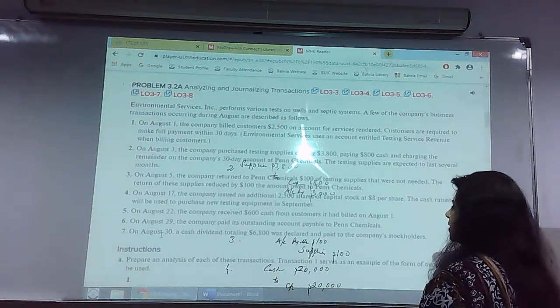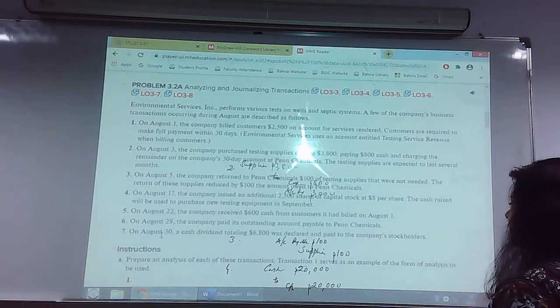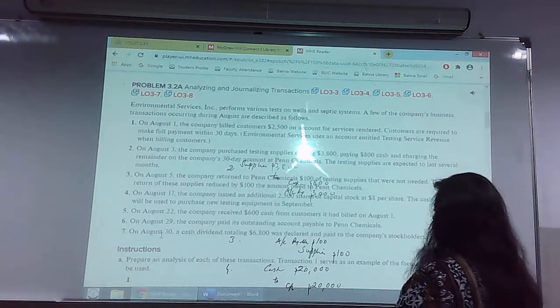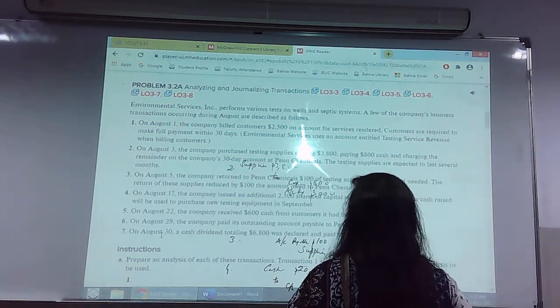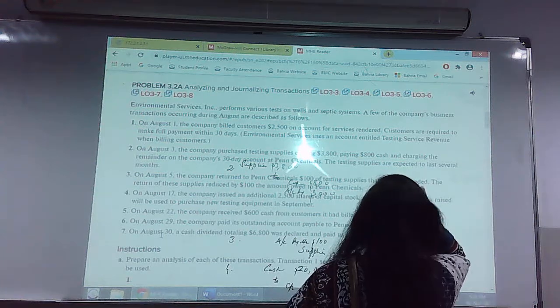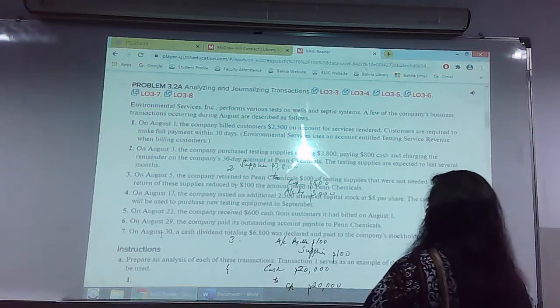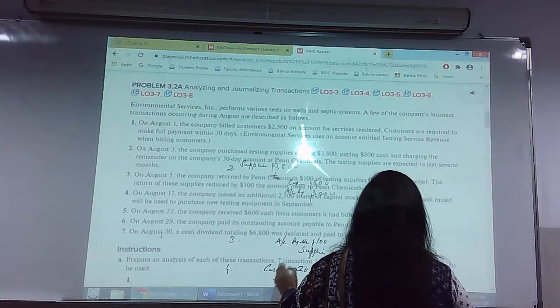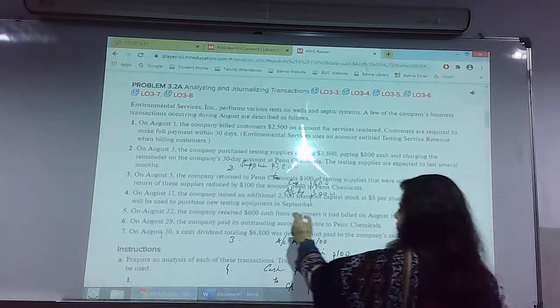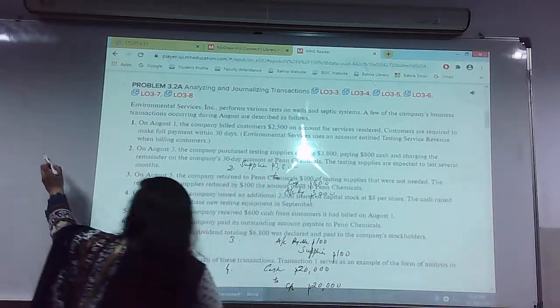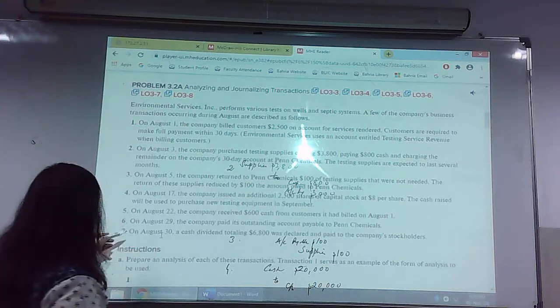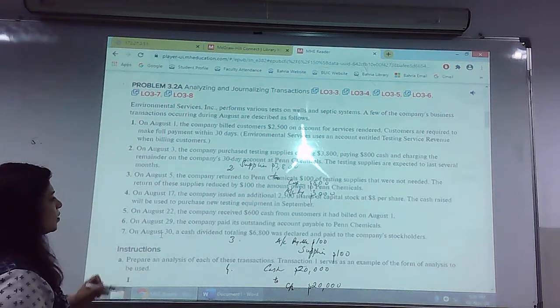Then on August 22nd, the company received $600 cash from customers. It had billed on August 1st. So now on August 1st, as you can see, they billed customers $2,500 and they received $600 cash. So for transaction number 5, I can just take the effects here. As you can see, the company received $600 cash from customers.